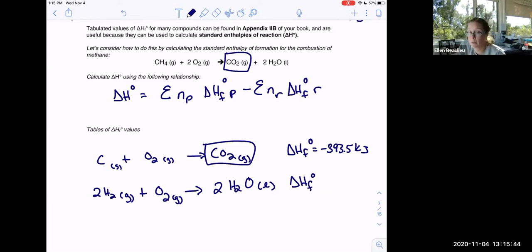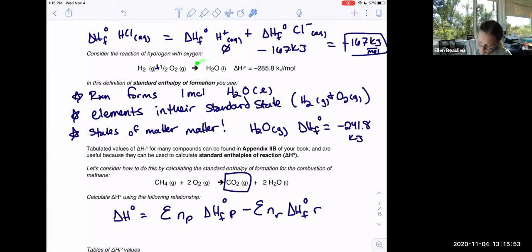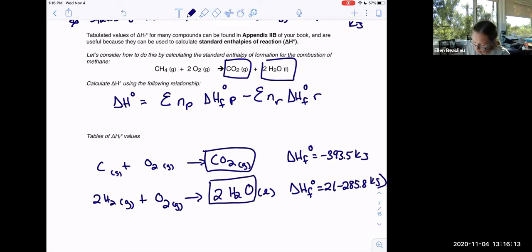I need to multiply it by 2 because the one that I find in the back of the book will just be for 1 mole of water. My product has 2 moles of water. So I have to multiply that heat of formation by 2. Everybody with me so far? Right now, I have my 2 products.